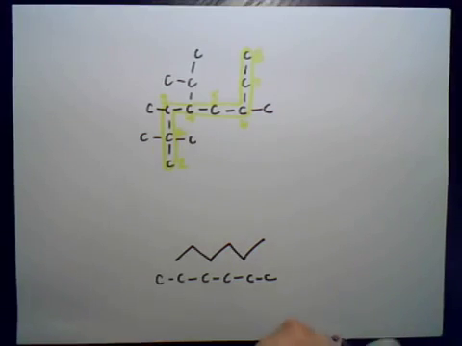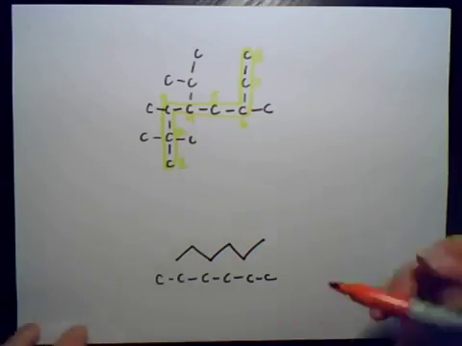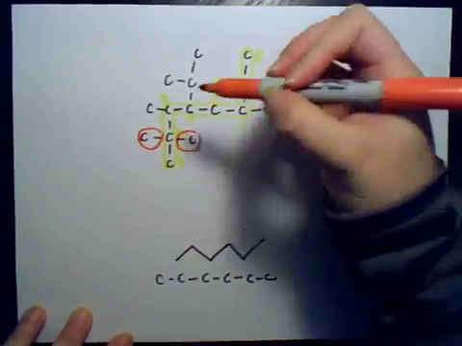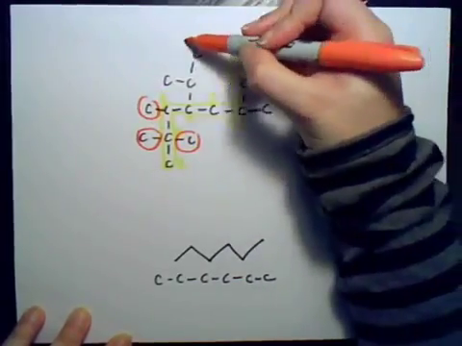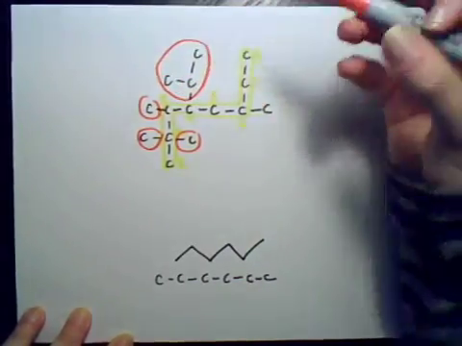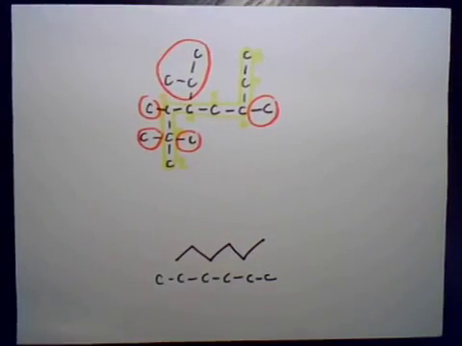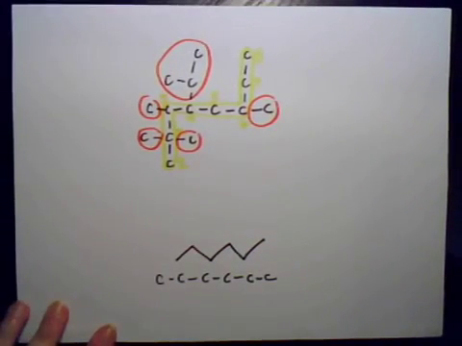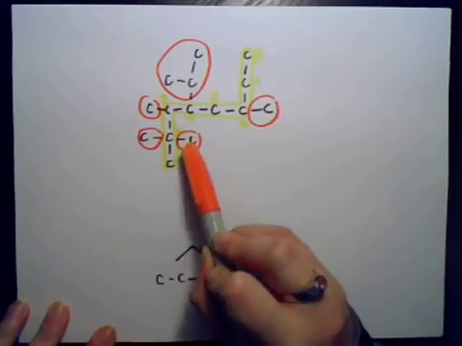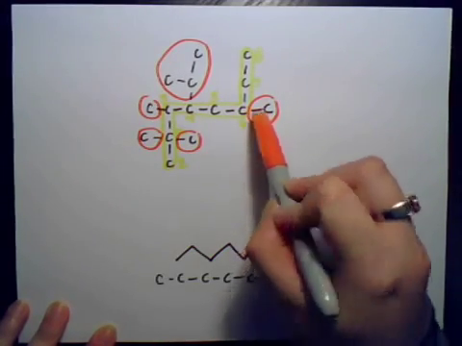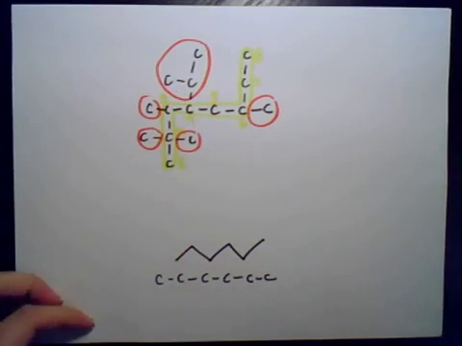Okay, so now we're going to circle the substituents. We have one here, we have one here, one there, one there, and one there. Alright, well, 1 carbon attached to the chain here, and here it's 3 carbons.